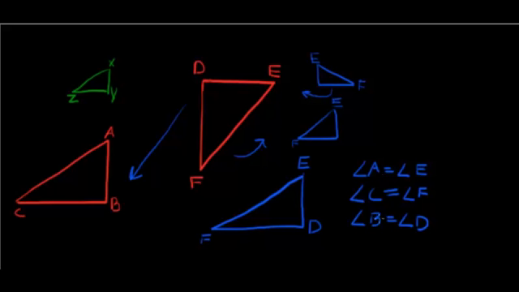We can also name corresponding sides. So we can come over here and let's pick a different color. I can say that AB equals ED.